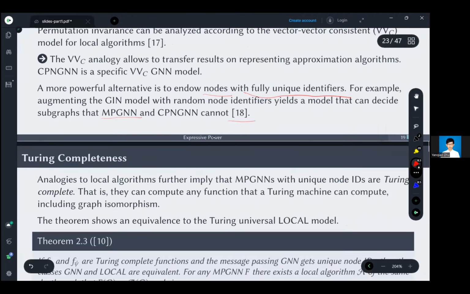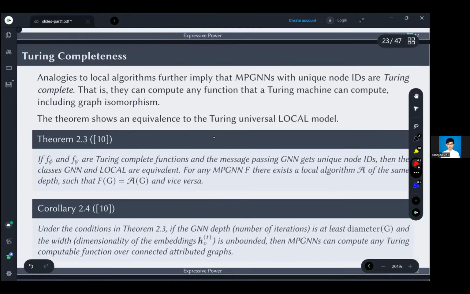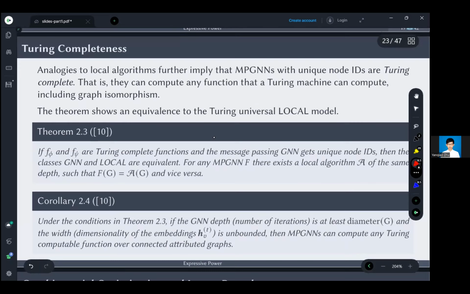Okay, and because we established the equivalence between the local algorithms and the graph neural network model, going further, we can make analogies to local algorithms with the so-called Turing completeness.